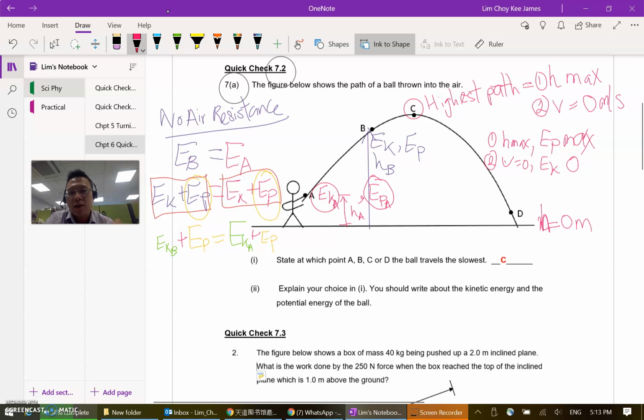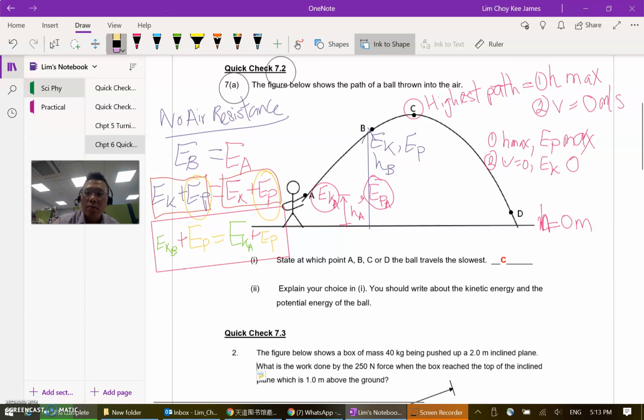So to find the exact amount at each stage, students really need to apply conservation of energy and the respective mathematics formula to work out the unknown. Usually if I have point A and point B, I will have the conservation of energy in this case to be this way.